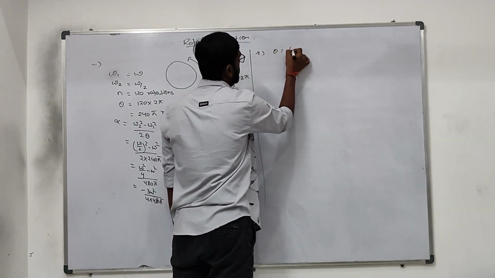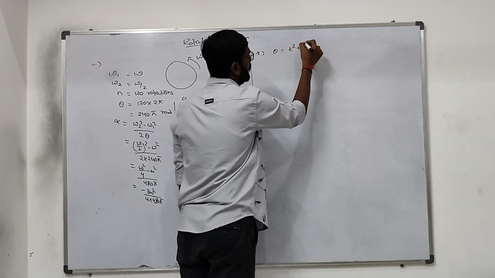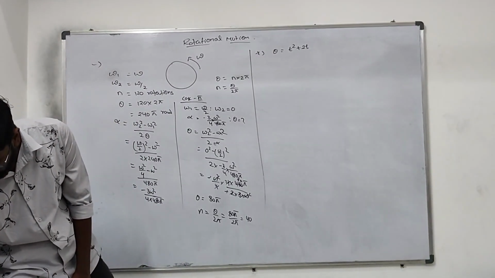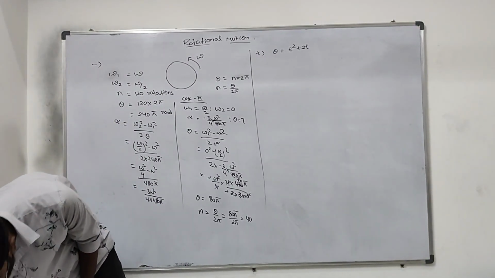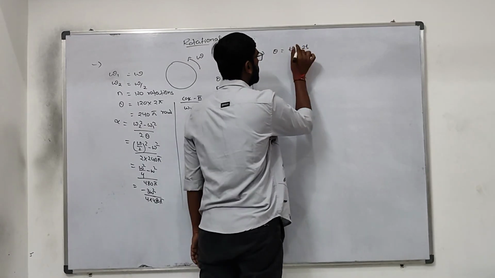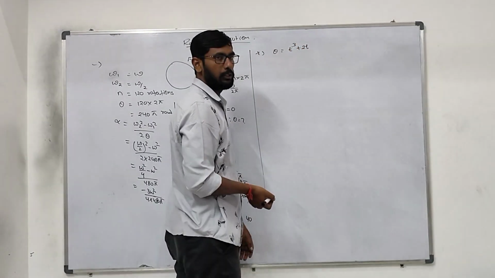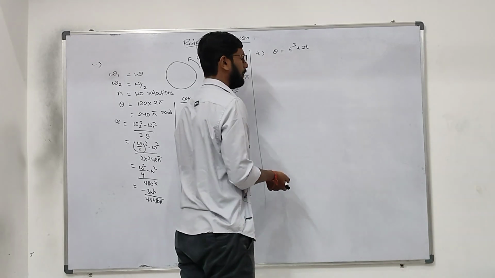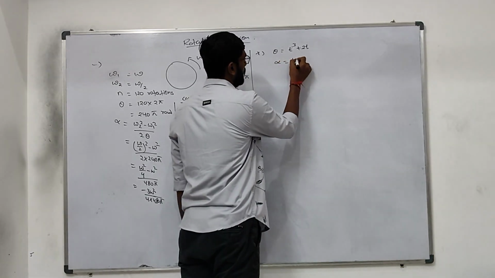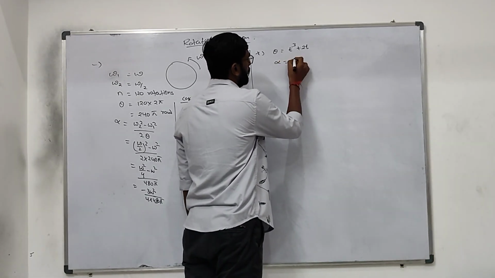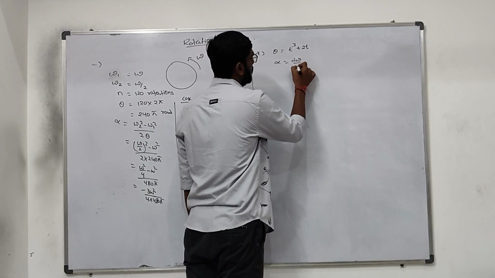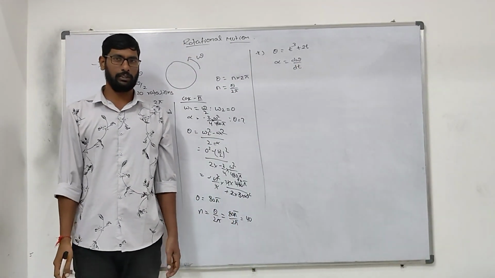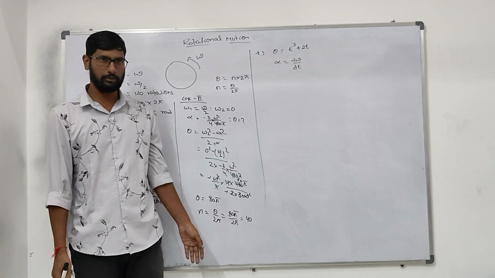Given theta equals to t cube plus 2t. We need to find angular acceleration, alpha equals d omega by dt. When it is given as a function of time, we use differentiation, the same thing we did in linear motion.